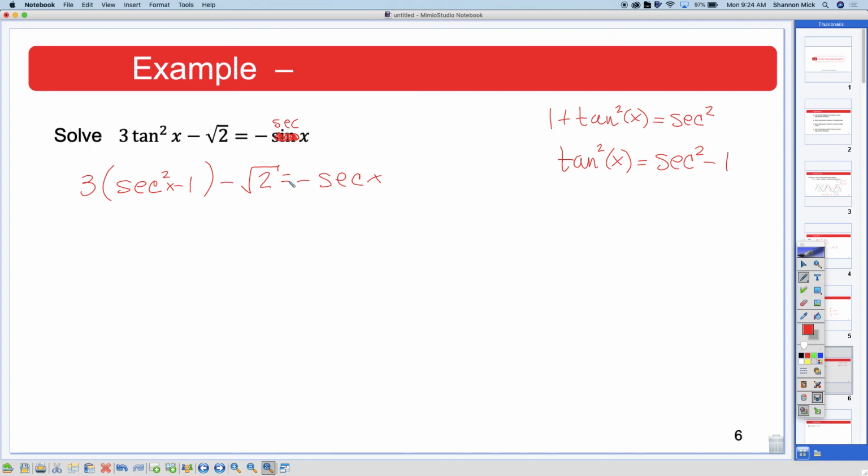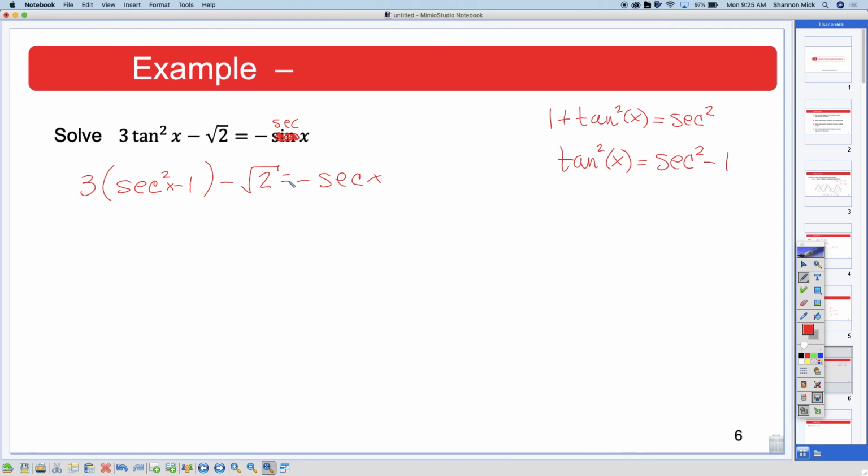Well, I would divide by 3 if I had something on the right-hand side that was divisible by 3, but do I? No. But then if I also divide by 3, I'd have to divide the square root of 2 by 3. So distribute it. Once I distribute it, can I mess with it? Yes. Okay. Now, since I have something that's quadratic, I also probably need to set it equal to 0, don't I?